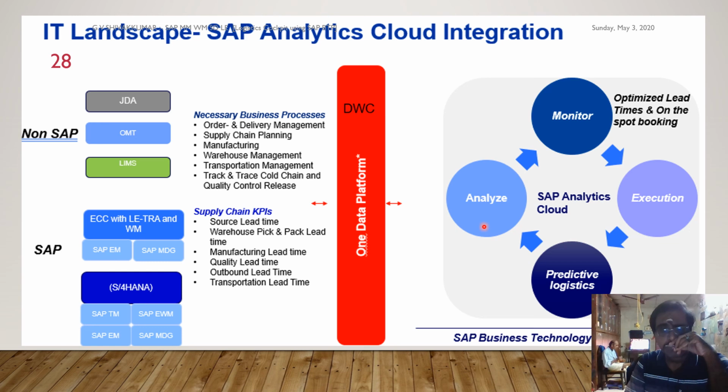It can receive the data from the connected systems through BW/4HANA or DWC. It will monitor and then analyze the data and do predictive logistics from the analyzed data, and then finally execute the predicted logistics. So thereby optimize the lead times on the spot booking.